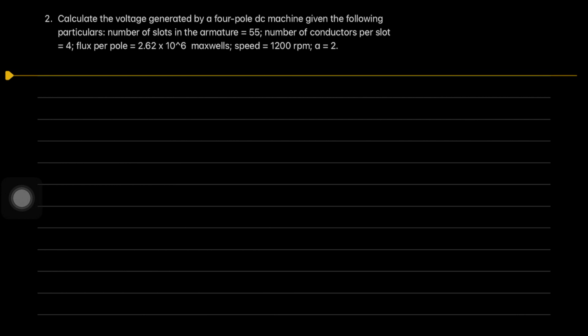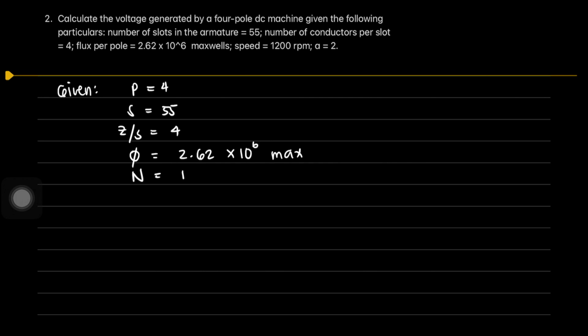So, if we're going to enumerate or list down all the given, we have P equals 4, and then the number of slots in the armature is equal to 55. The number of conductors per slot, or Z over S, is equal to 4. The flux per pole is given to be 2.62 times 10 raised to 6 Maxwells. The speed is given to be 1,200 RPM, and the number of parallel paths is equal to 2.